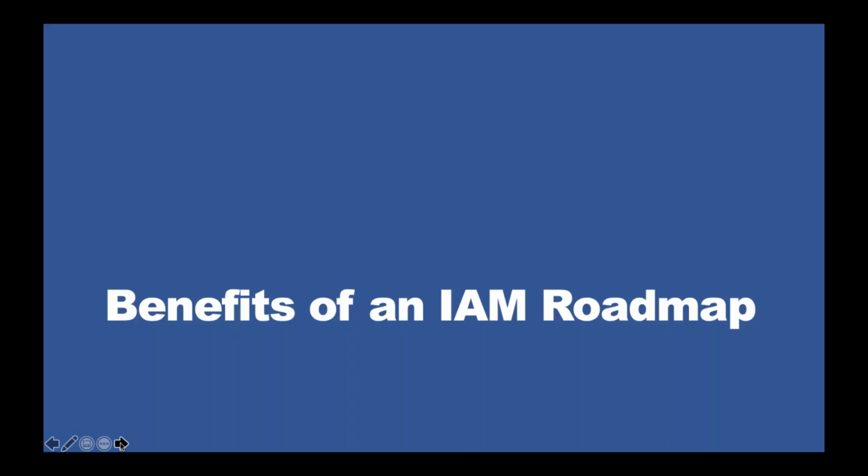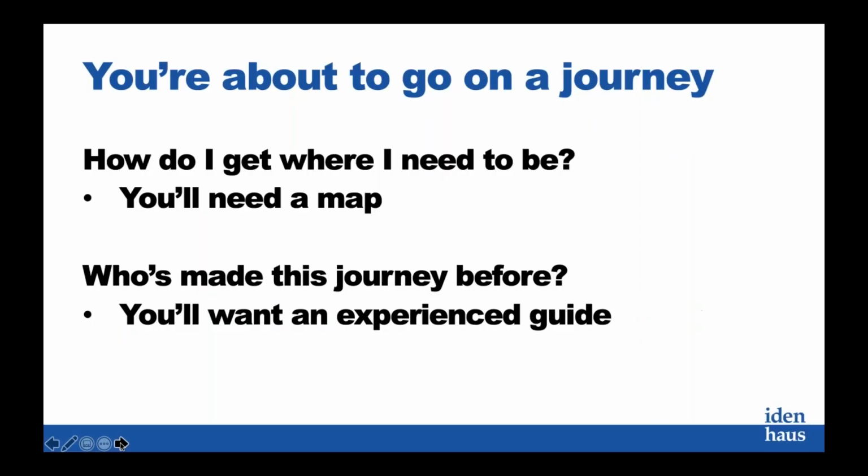Let's talk about what an identity management roadmap offers you. Before you set off, you're asking yourself 2 questions. And let's equate this to hiking. Say you want to hike the Appalachian Trail. You can sit and think of what you'll need.